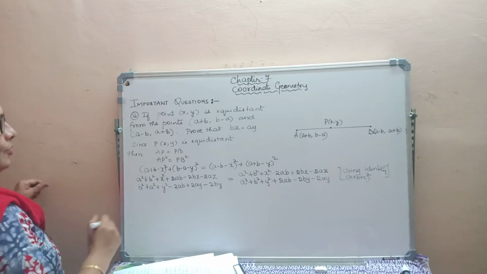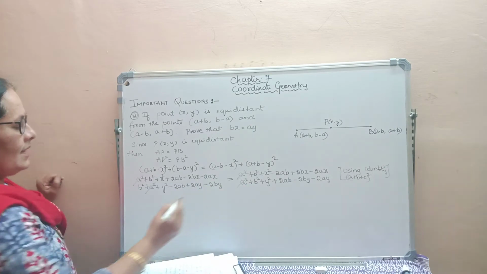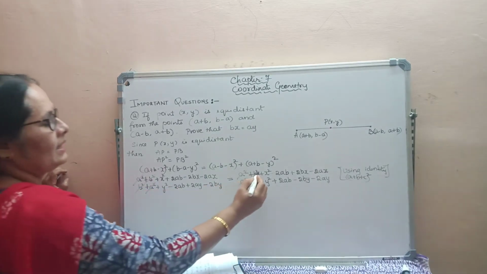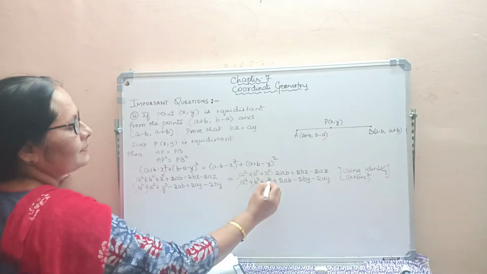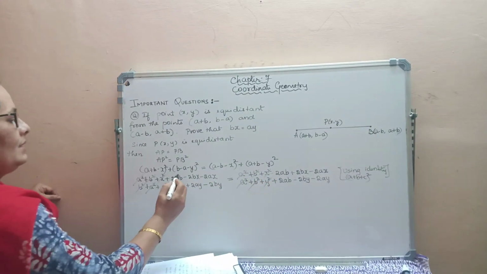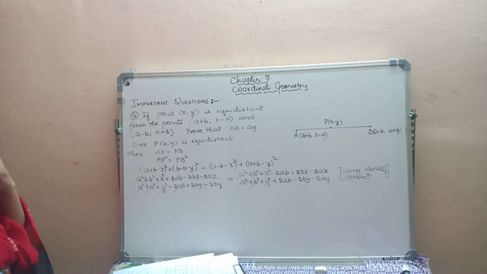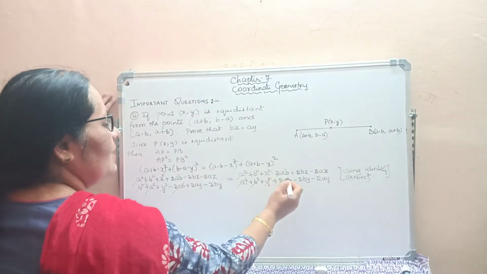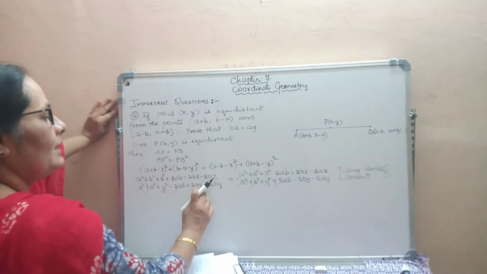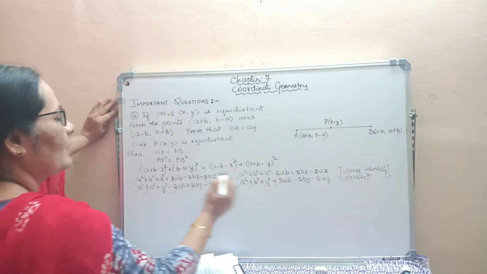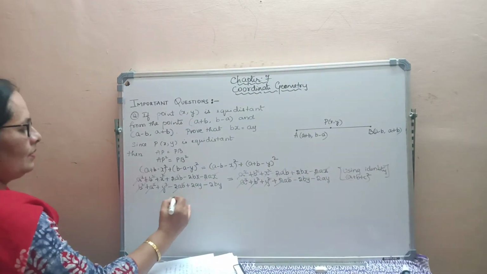Now you simplify on both the sides. A square cancelled on both sides. B square cancelled. X square, y square cancelled. Then minus 2ab plus 2ab cancelled. Then minus 2ax minus 2ax cancelled. So what did we get now?